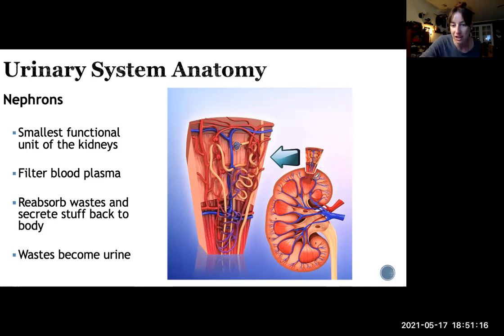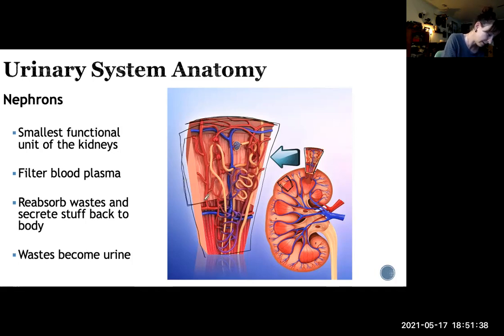So basically, if you take a little chunk of the renal pyramid and the cortex, like that, it would look like this, which would look like this. Okay, so this is the outside, this is the capsule of the kidney, this is the cortex, this is the medulla.